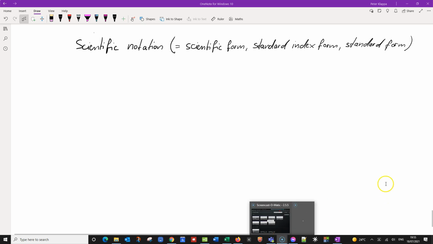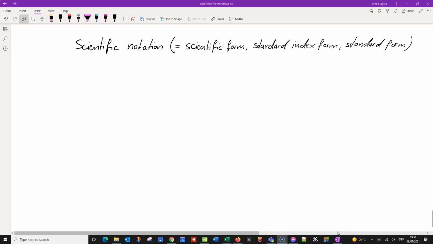Now we have discussed how we can write expressions with indices, how we can apply a lot of different rules to indices, and in this session I want to discuss with you how we can actually use our knowledge to represent a variety of numbers in what is called the scientific notation.